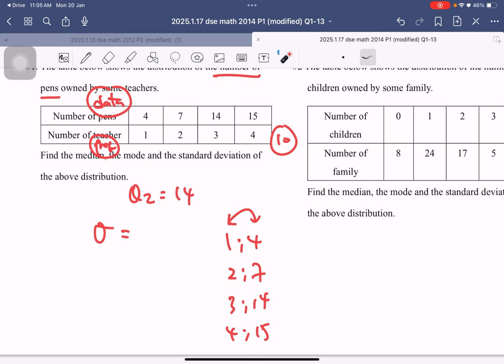But actually, this is wrong. What I want is 4, 1. 4, 1 means we have 1 data, which is 4. Now what does 7, 2 mean? We have 2 data, which is 7. Understand? Be careful of this part. It's a very easy question, but don't get it wrong. All of you, understand?